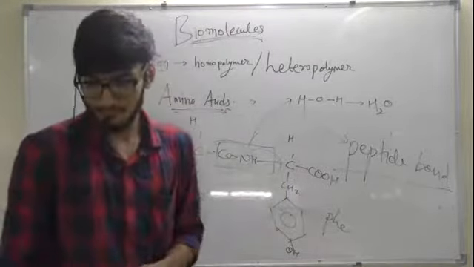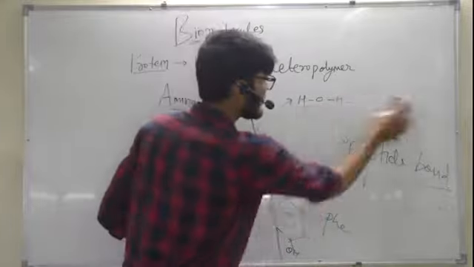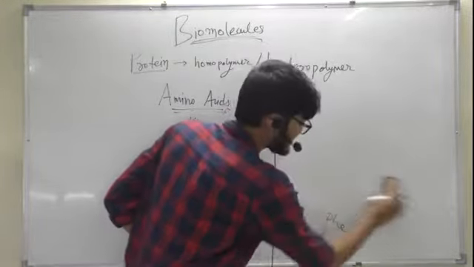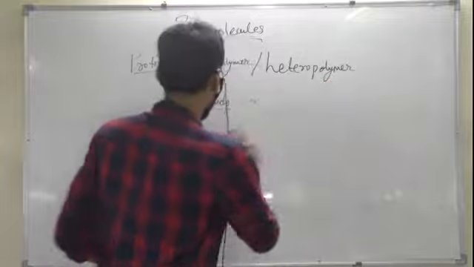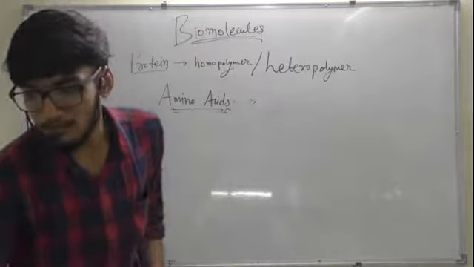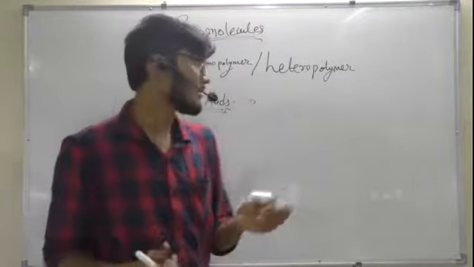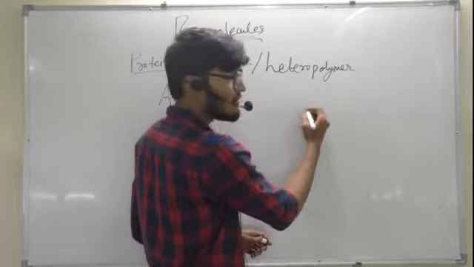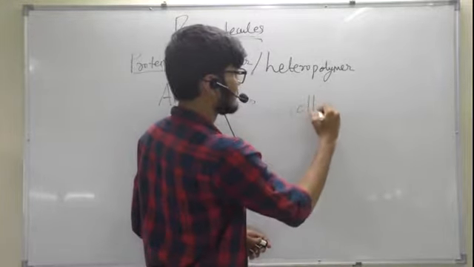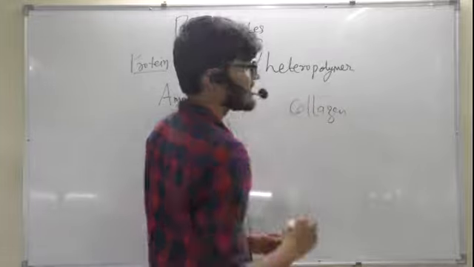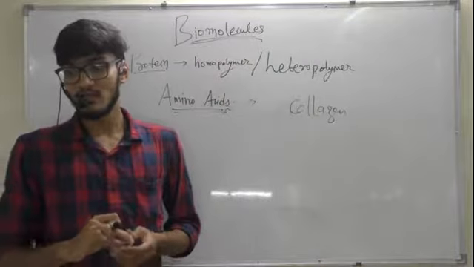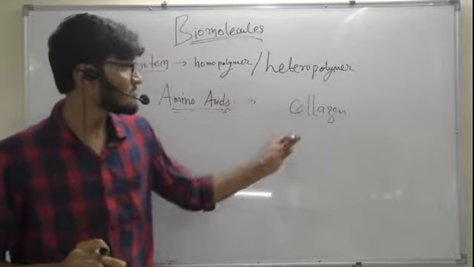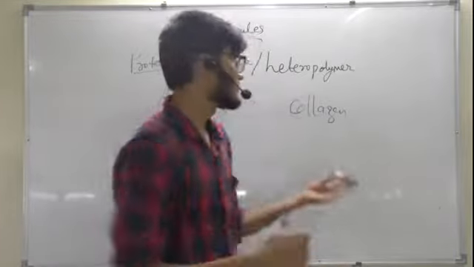Now I'd like to introduce different kinds of proteins that exist inside the body. What are the basic proteins present inside a body? You might have heard about collagen. Collagen is a major protein present in our body, in the extracellular matrix.